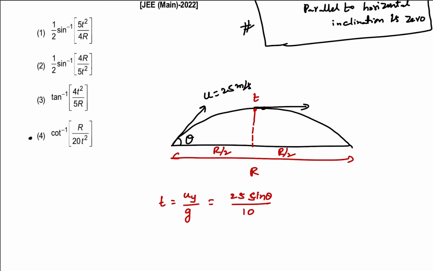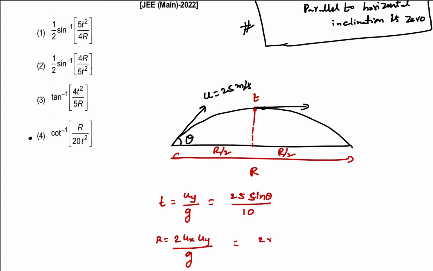Now what is the range value? R is equal to ux into uy, 2 divided by g.